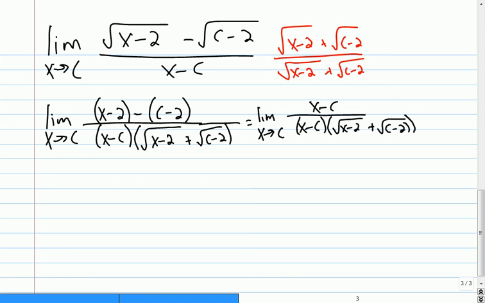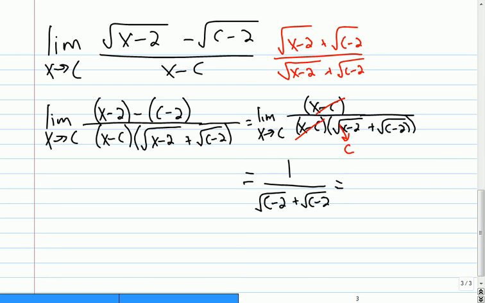So now that that's gone, as x becomes c, this would go to c as well. And that's going to give me a formula that says 1 over the square root of c minus 2 plus the square root of c minus 2.